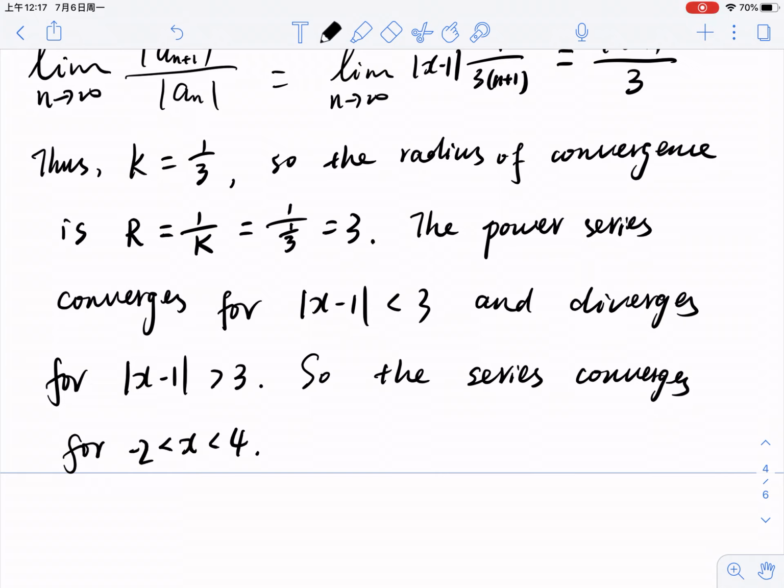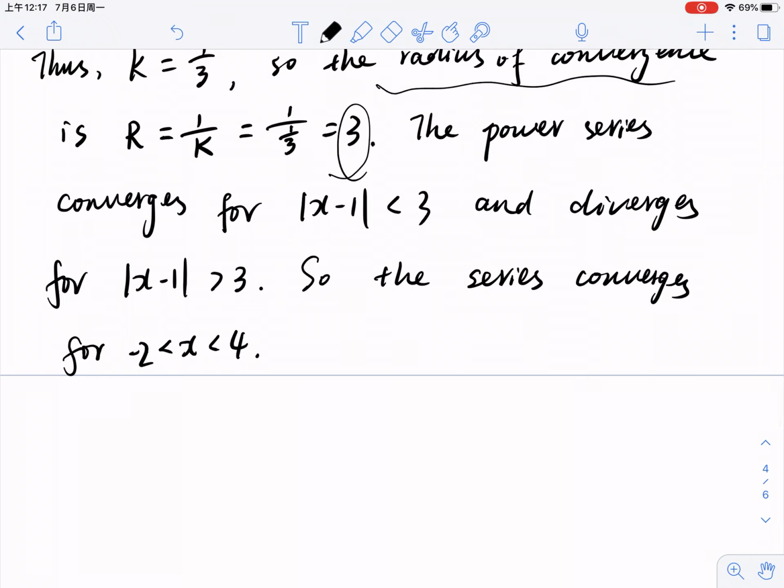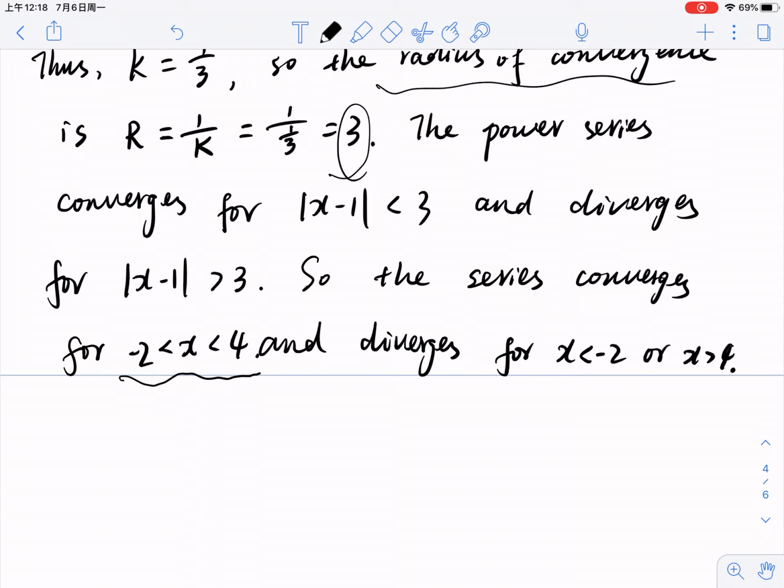We found the radius of convergence is 3. Next we go on to determine the interval of convergence. From this, the series converges for -2 < x < 4, and diverges for x less than -2 or x greater than 4.